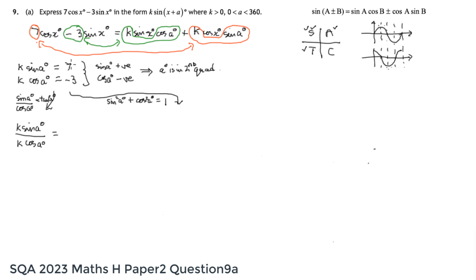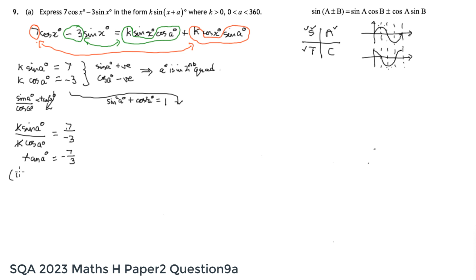And that must equal the two right-hand sides divided, 7 over -3. If we proceed with this, the k's cancel. Sine A over cos A is tan A. Positive divided by negative is negative. So we get -7 over 3.